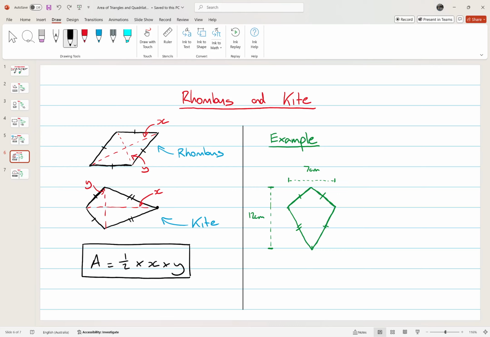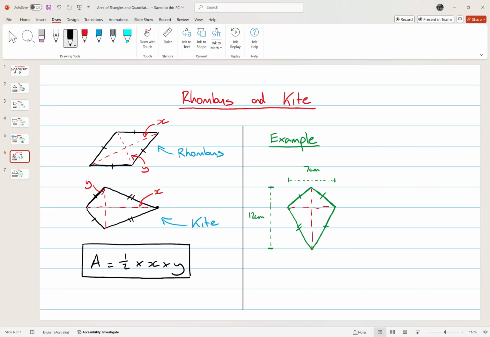So looking at this example here, we have this being a kite. This is a kite because we see those two sides are equal. These two sides are equal. So this makes it a kite. And so we also know what the diagonals are. We see that this going across would be 7 and this going across would be 12.